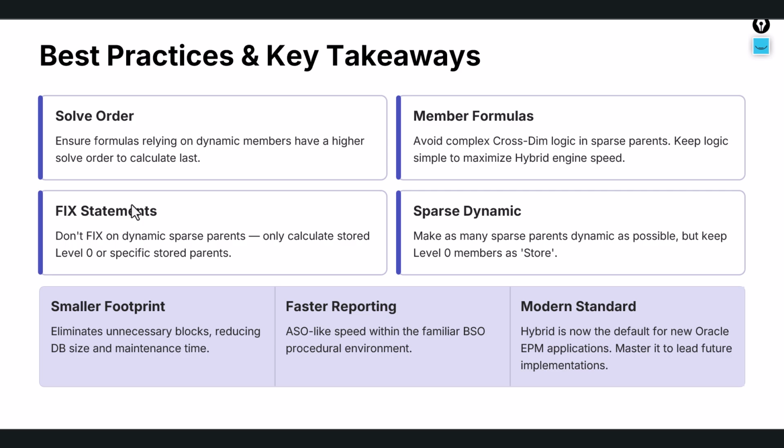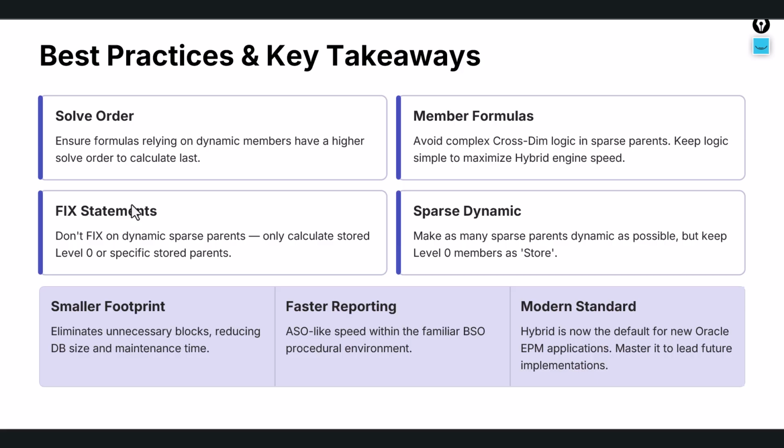So instead of fixing on a dynamic parent, we need to fix on the stored level 0 members, or carefully selected stored parents. The idea is to only calculate where we actually store the data.